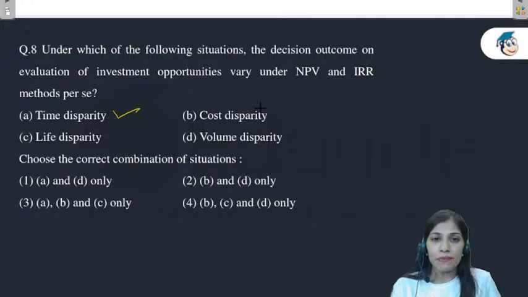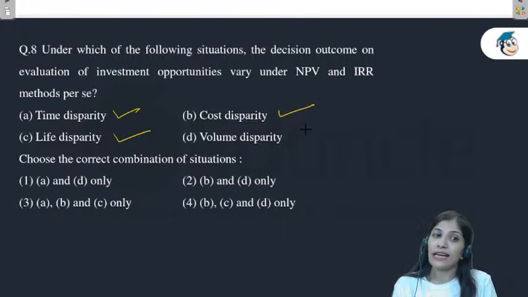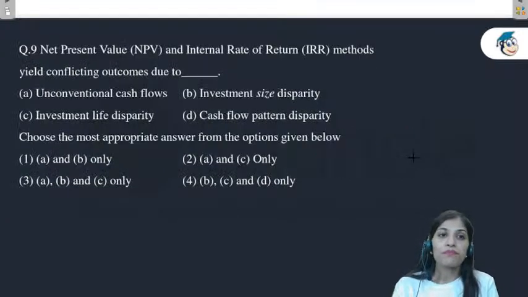Yes, in time disparity, cost disparity and life disparity. Not in volume disparity. In volume disparity, there is no conflict between NPV and IRR. Correct? So A, B and C. So our option would be option number 3. Right? Next.